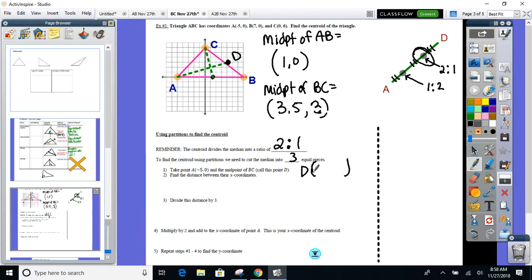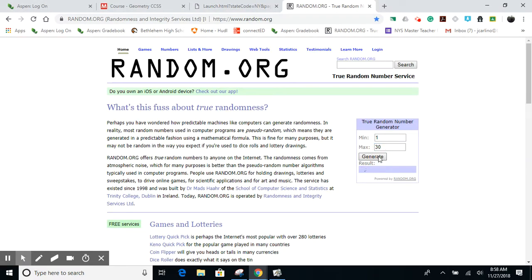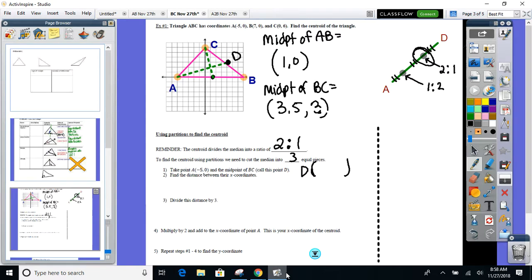What is the midpoint of CB? What is that midpoint of CB? Here you go, 17. What did you find the midpoint of BC as?